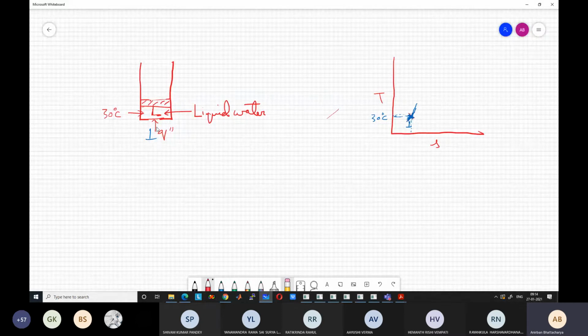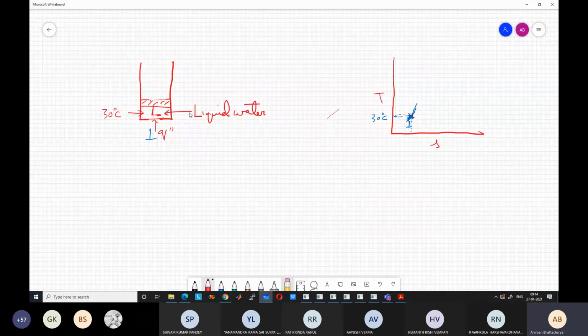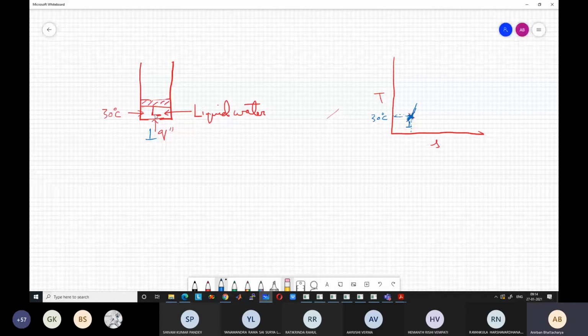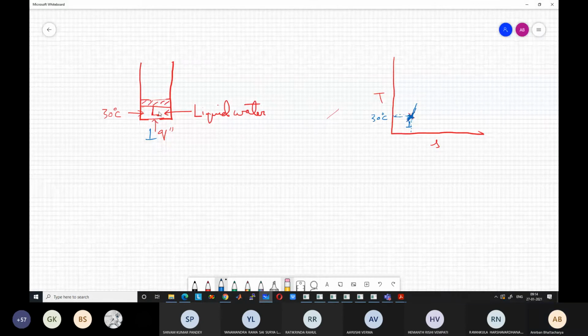We are heating it from the bottom with a certain heat flux. While the heating is going on, temperature will start increasing, and the specific volume will not increase much, but it will increase slightly, because it is still liquid water and liquid specific volume does not change much.